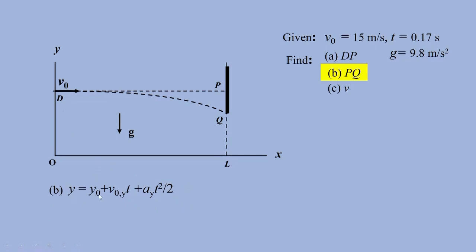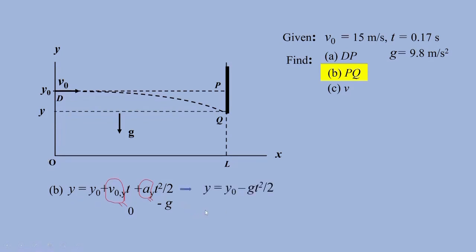Here y0 is initial position of dart of projectile on the y-axis, y is the position of point q, ay, which is y component of g, is negative g, v0y is just 0 because v0 is perpendicular to y, and the equation becomes more simple.